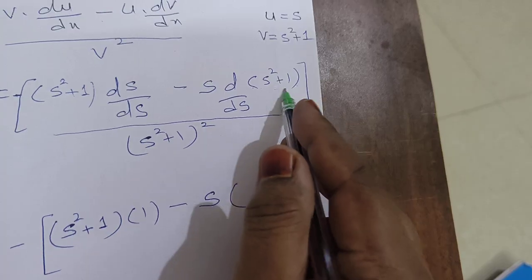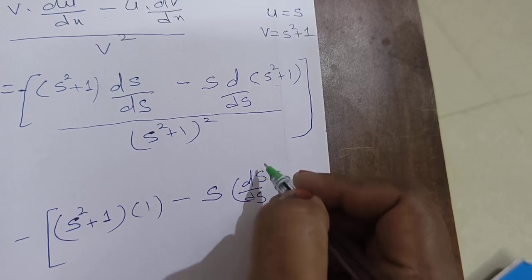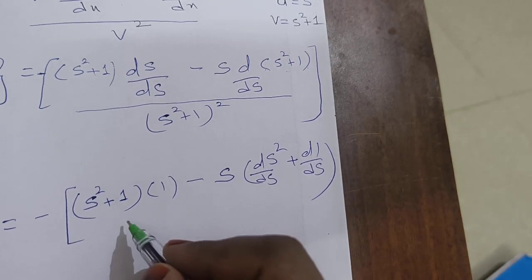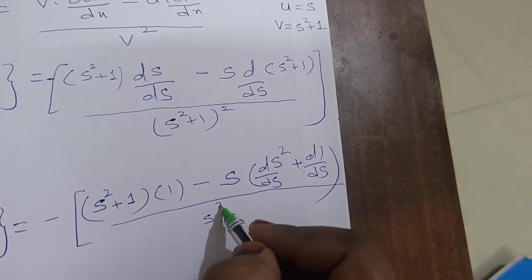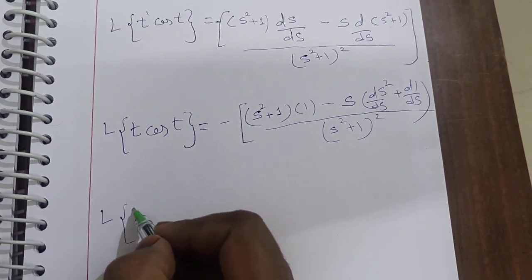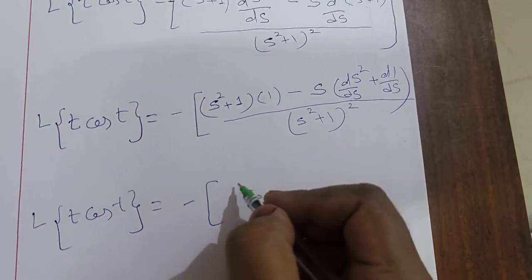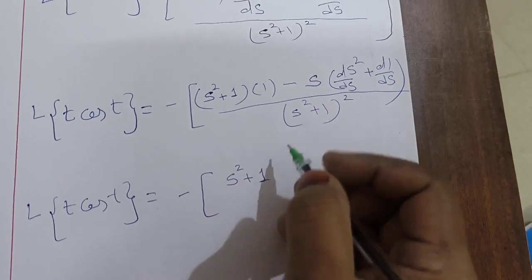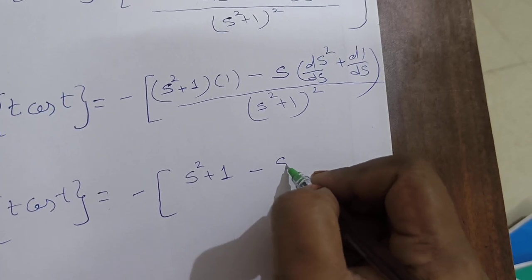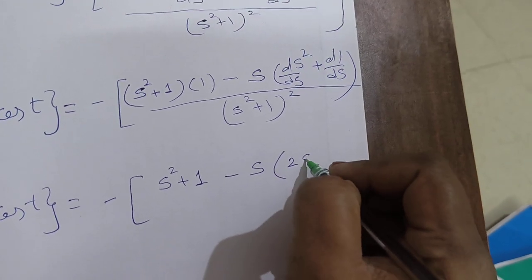Now we are differentiating these two terms separately: d by ds of s square plus d by ds of 1, whole divided by s square plus 1 whole square. So L of t cos t is equal to minus of s square plus 1, minus s times the derivative of s square, which is 2s.